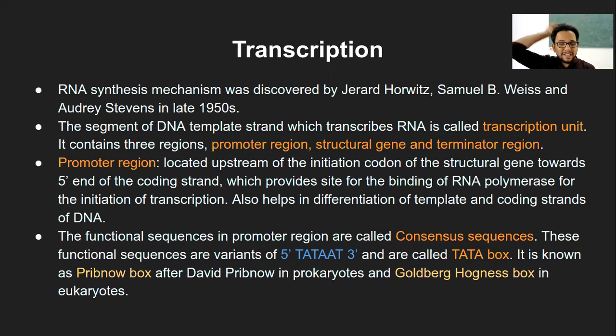And maybe DNA polymerase was not present earlier, and later on it was modified to accommodate DNA polymerase. So that could be one of the reasons why RNA polymerase does not need anything to transcribe the DNA strand, and why DNA polymerase needs that RNA primer. Could be just maybe a reason.